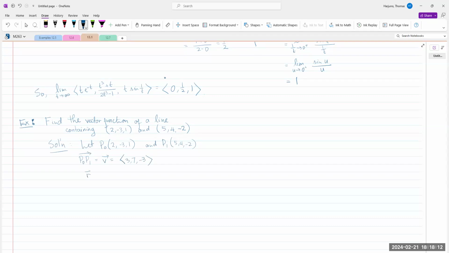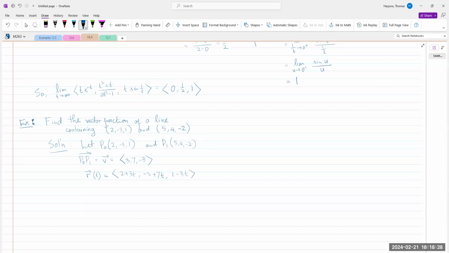So our vector function for that line is now (2 plus 3t, -3 plus 7t, 1 minus 3t).